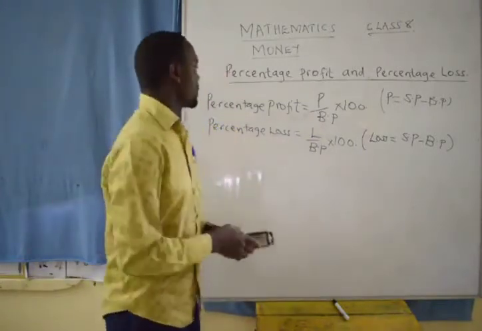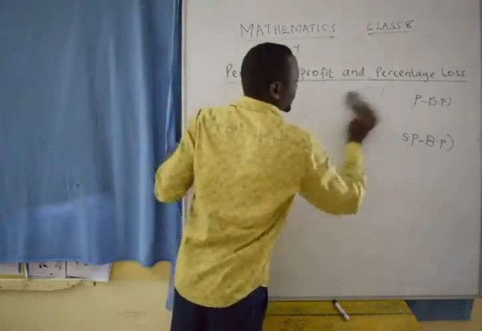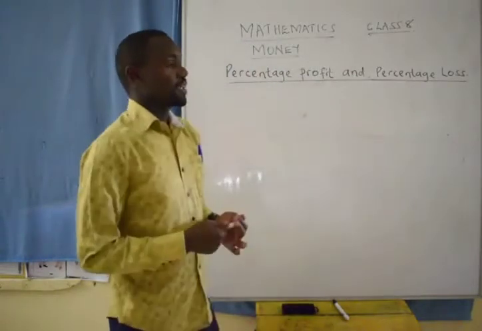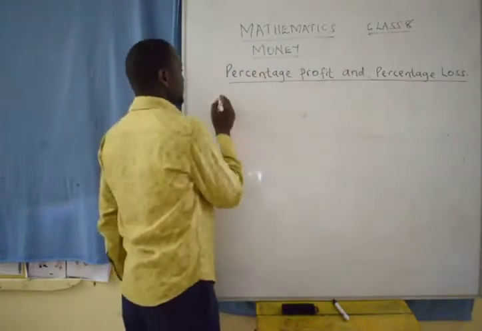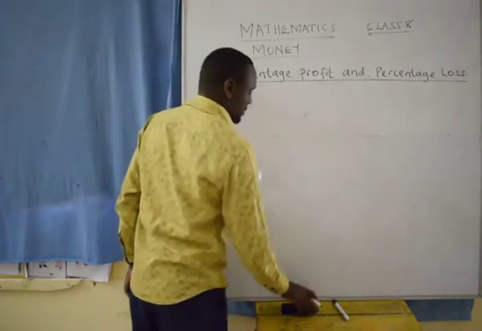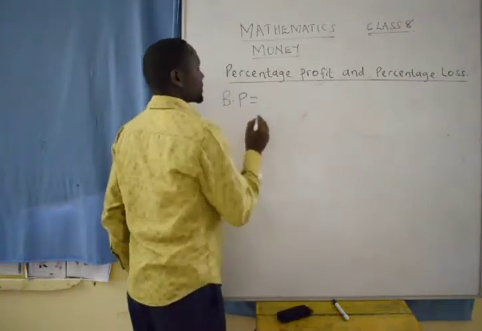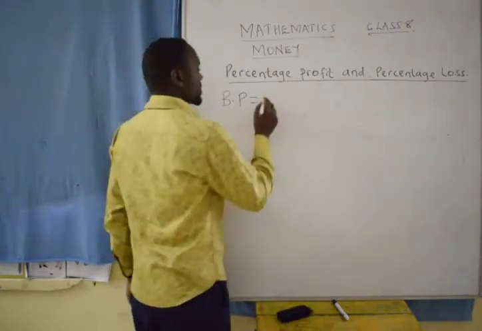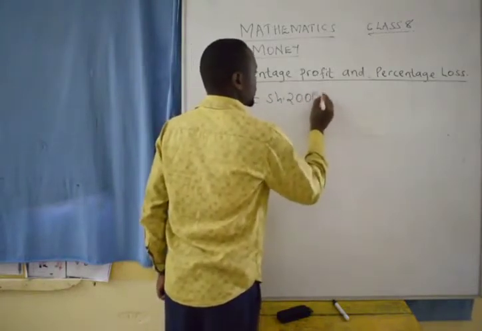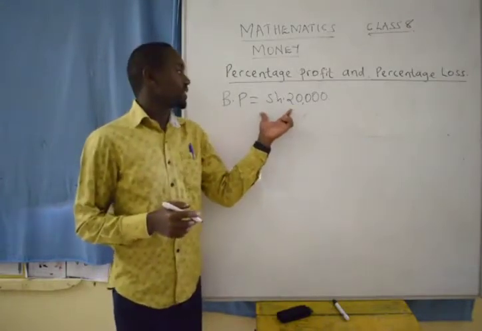Let's look at an example. Somebody bought a cow at 20,000 shillings.